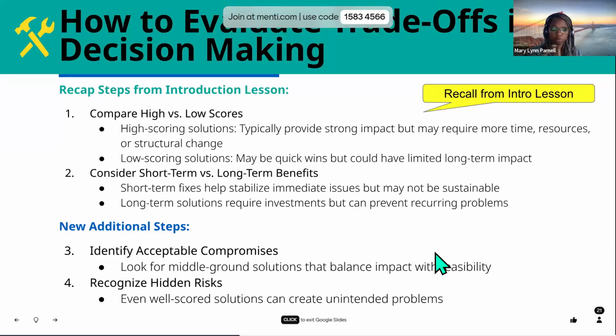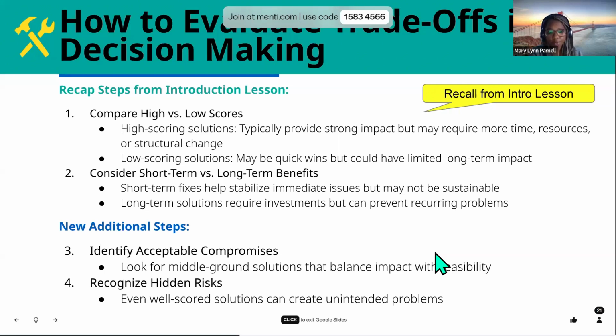And then also using that idea of short-term versus long-term benefits. Short-term fixes might stabilize immediate issues, but may not be sustainable. Long-term solutions require investments, but can prevent recurring problems.